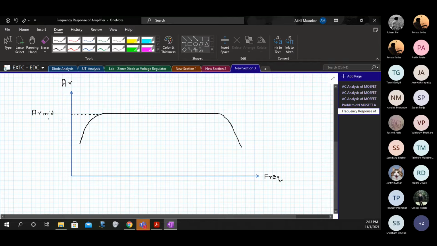Now this is, I will say, AV mid, the gain that we just now calculated using the formula for gain, that is the mid gain.